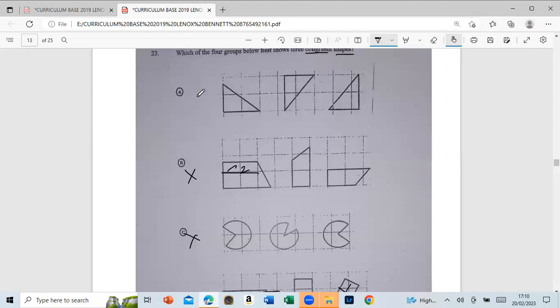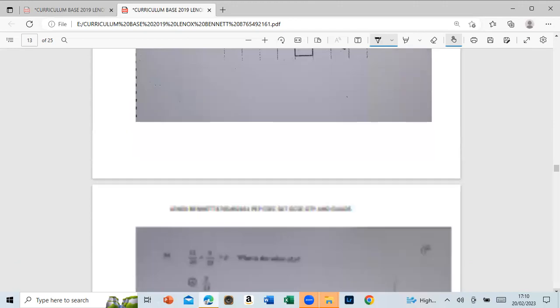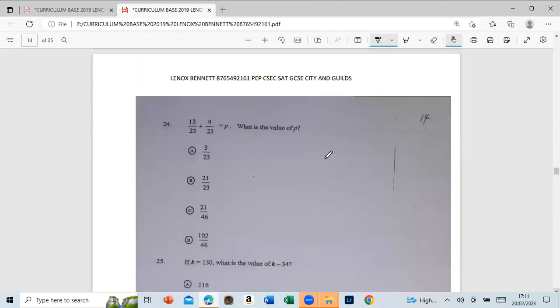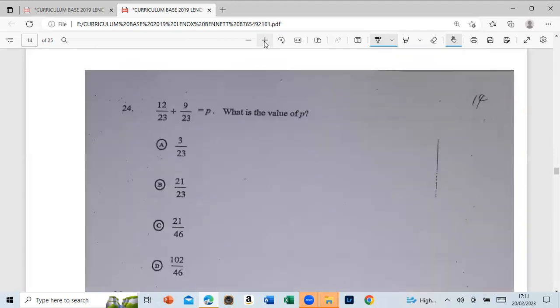Alright, 24. If 12 over 23 plus 9 over 23 is equal to P, what is the value of P? Now, if you look closely, it's two fractions, and you have the same denominator.